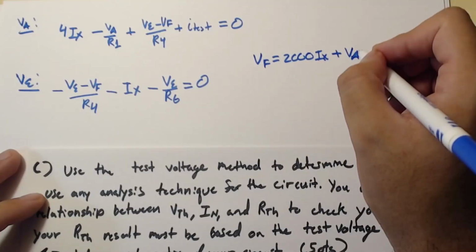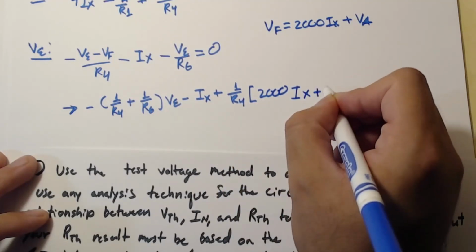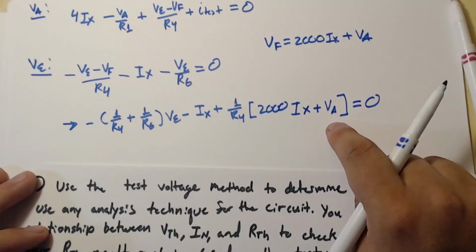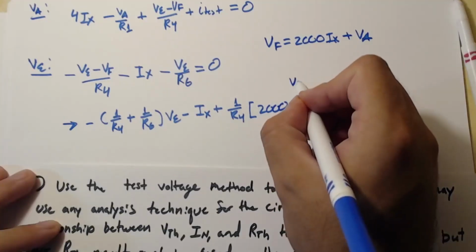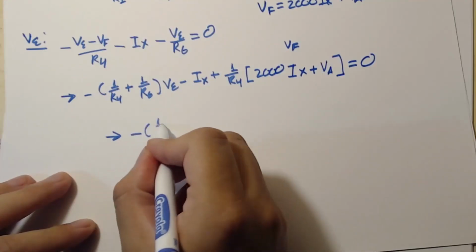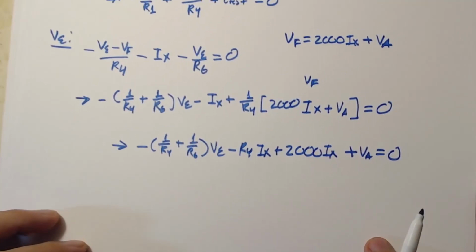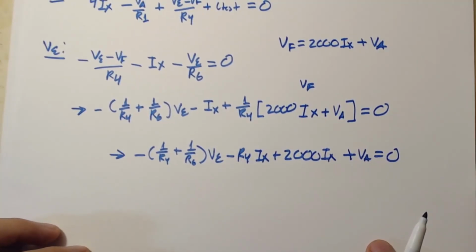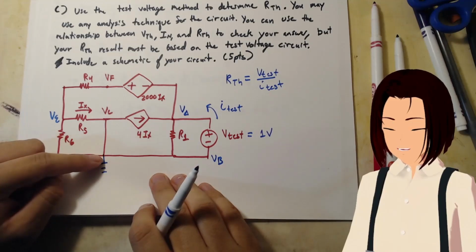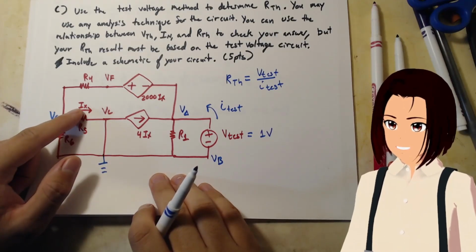We can plug that in. So here is an intermediate step. This was VF, and I substituted that with that. So here's our equation. Here's another thing that I could do. Because VC is shorted, VE is just R5 times Ix. So I could just do that.